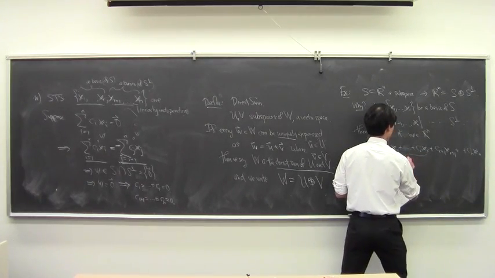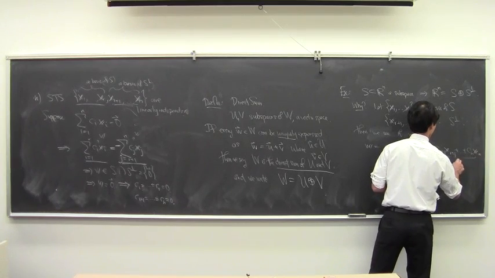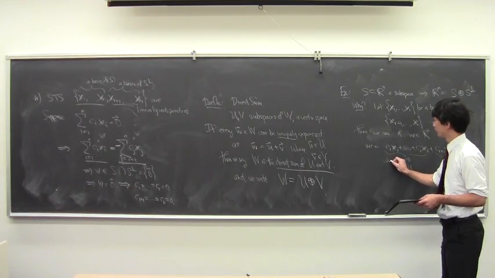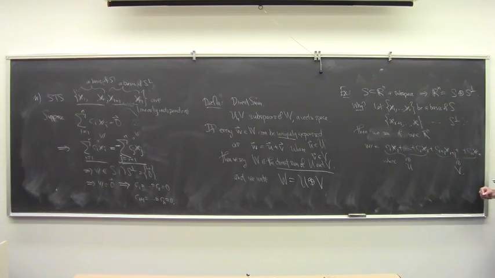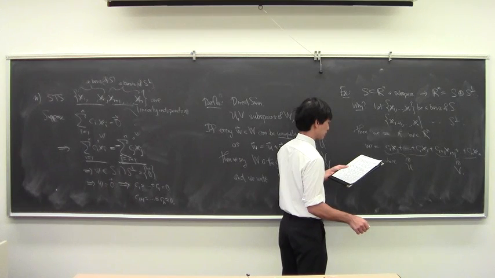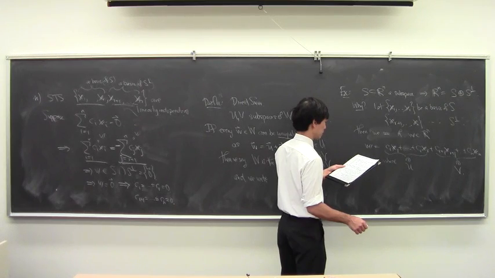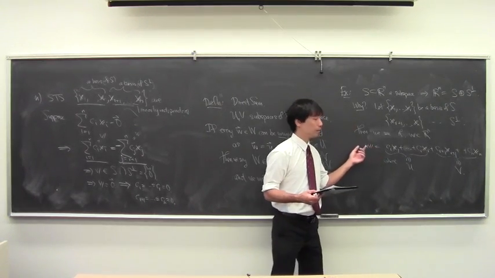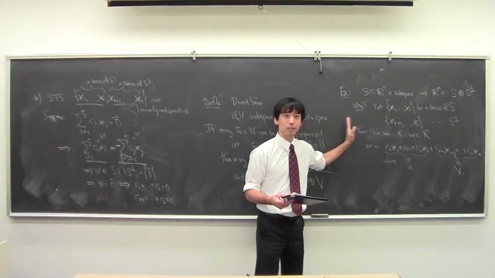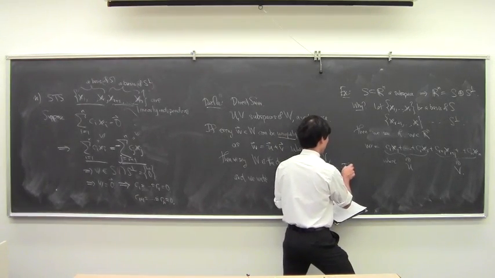And this thing is in U, and this thing is in V. So we know that w can be expressed as a sum. Okay? So the only thing we need to show is that this expression is unique. Is this expression unique?